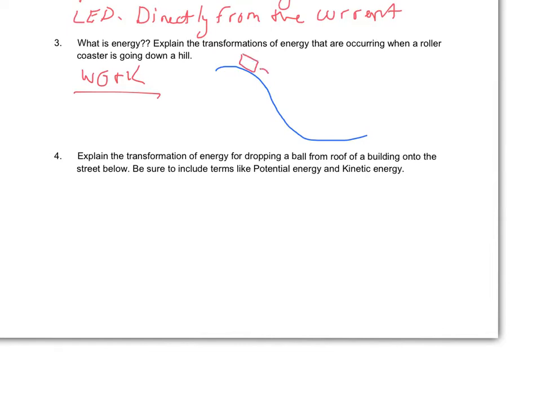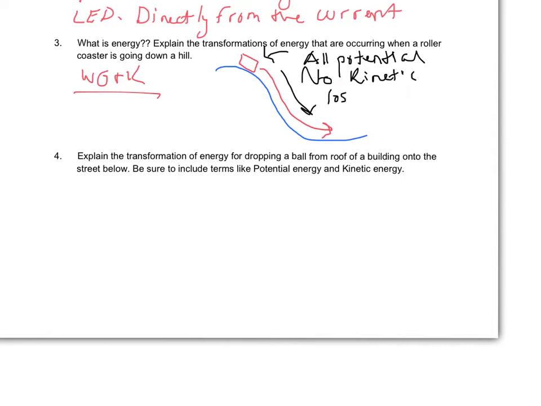As the roller coaster goes this way, up here it's got all potential and no kinetic, and as it moves down the hill, it loses potential and gains kinetic.